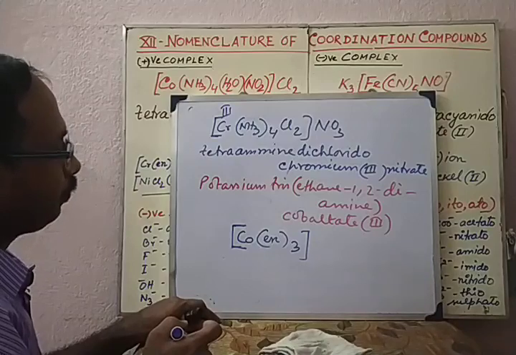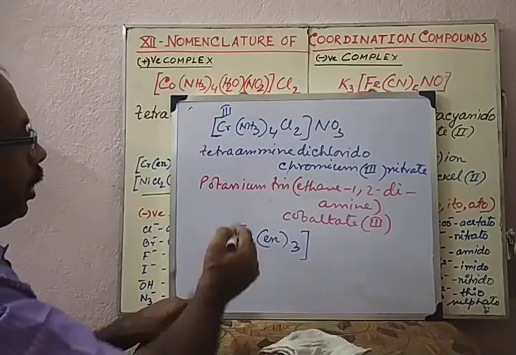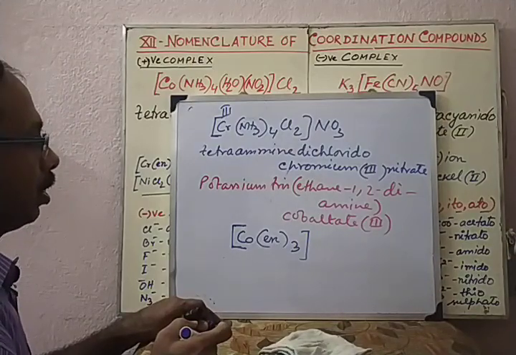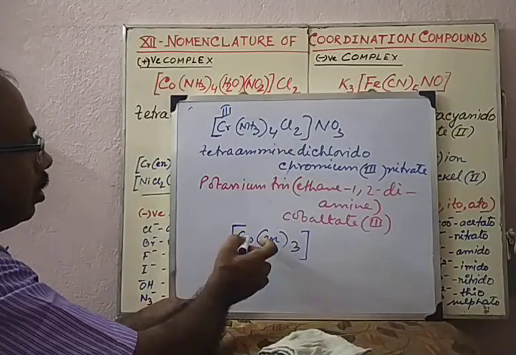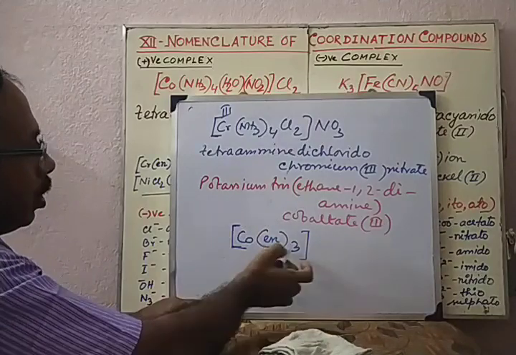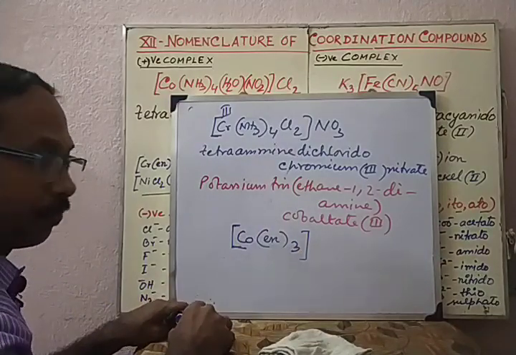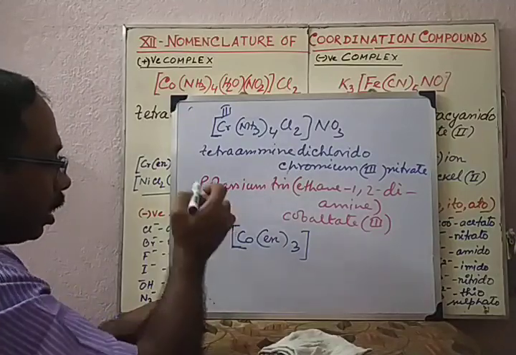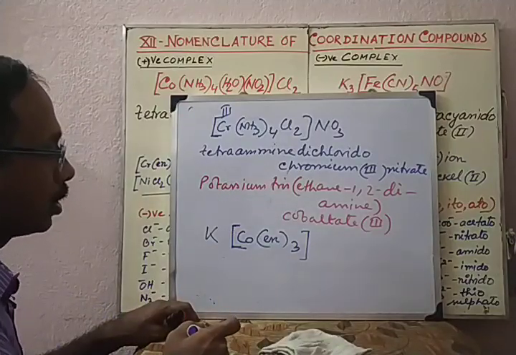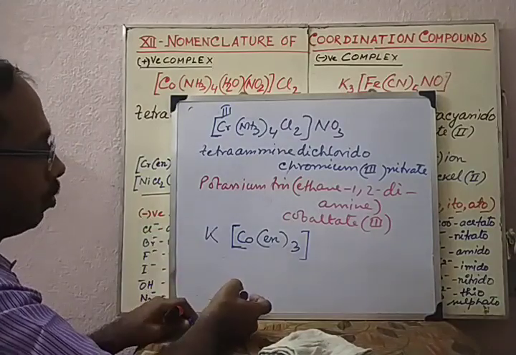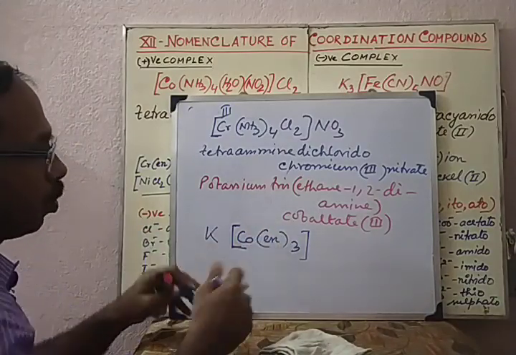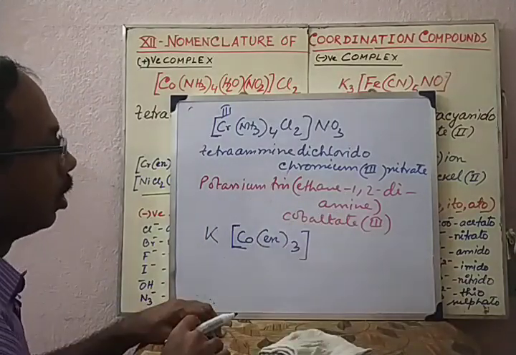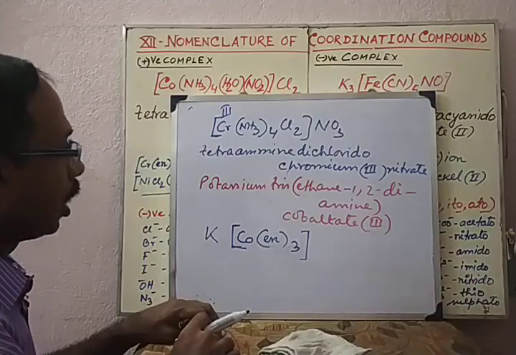Now you follow that if I write this compound as the correct one, en is a neutral ligand, and potassium must be written outside as a counter ion, and it is also positive. So in that case there is no negative charge in the complex. That means this name is not correct.